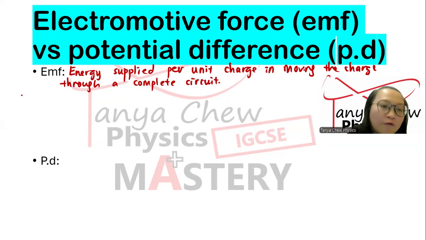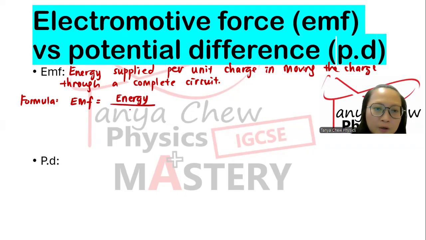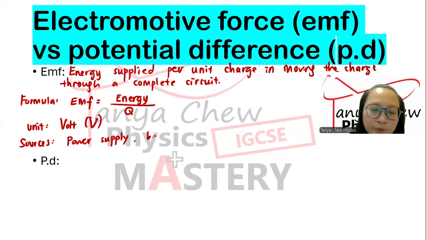So the formula: EMF is equal to energy per charge. Unit, volt. And the sources of EMF, let me give you: power supply, battery, cell, etc.